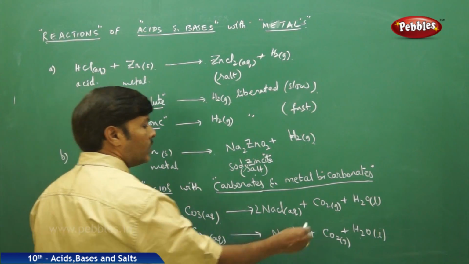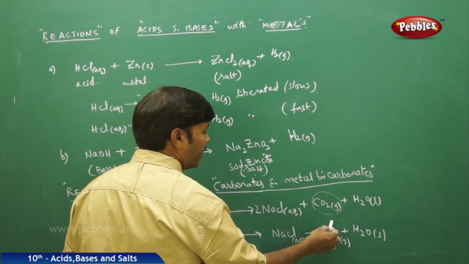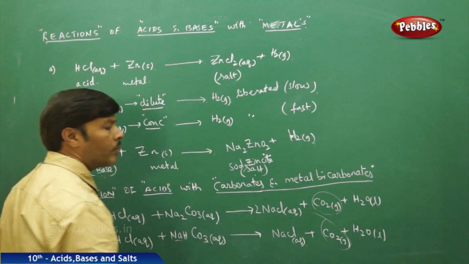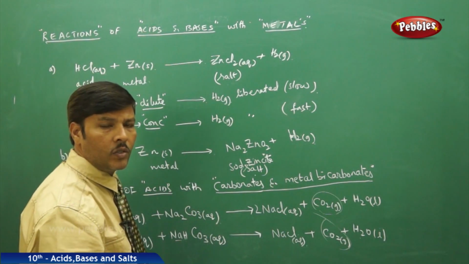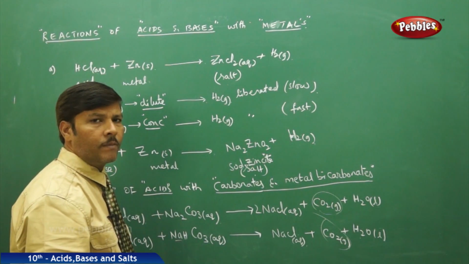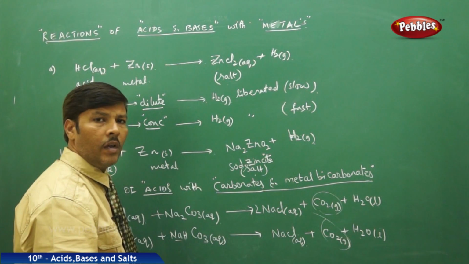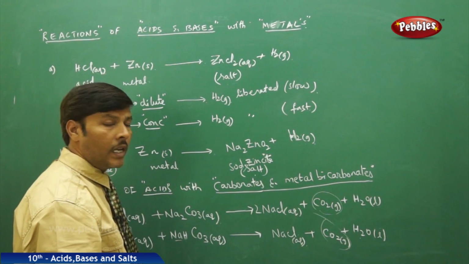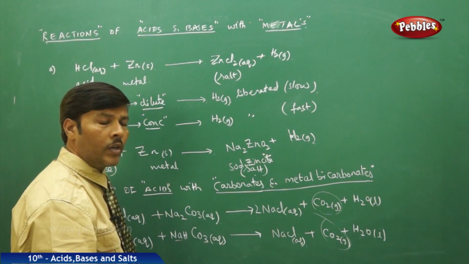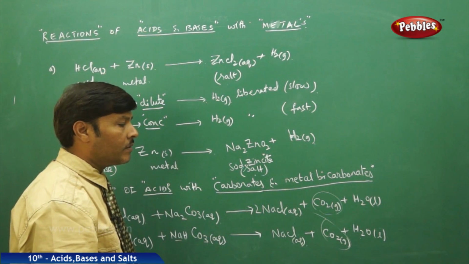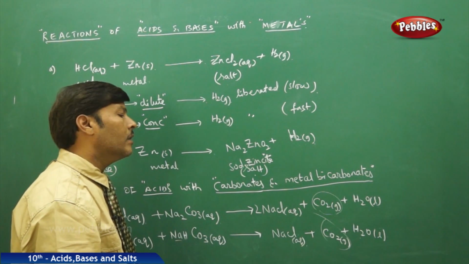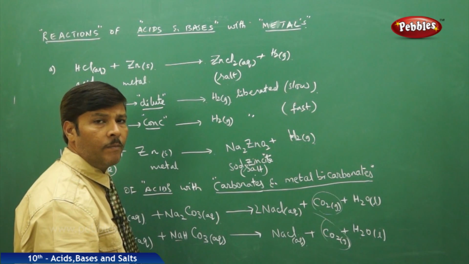What is interesting here is that you take this carbon dioxide, which is obtained in both the reactions, and treat it with a metal carbonate, calcium carbonate, and also with calcium hydroxide, and let us see what kind of reaction takes place when carbon dioxide reacts with other metal carbonates and metal hydroxides.